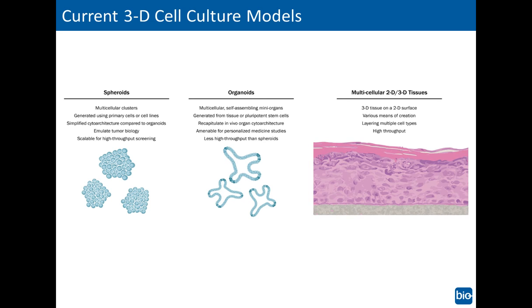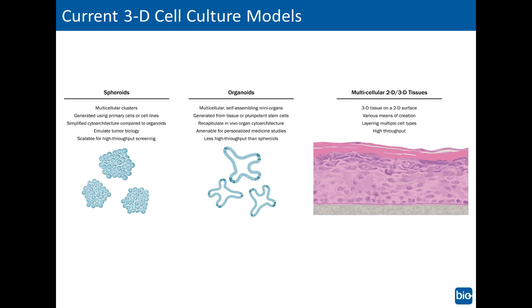And when they're cultured, they have a stem cell-like compartment, which then generates the tissue and the differentiated cells of that tissue. So the classic example is the intestinal organoid, where they form crypt-like structures, which contain the stem cells that then generate the various types of cells in the intestine, goblet cells, enterocytes, and Paneth cells, for example. And so these organoids recapitulate in vivo organ architecture quite well.